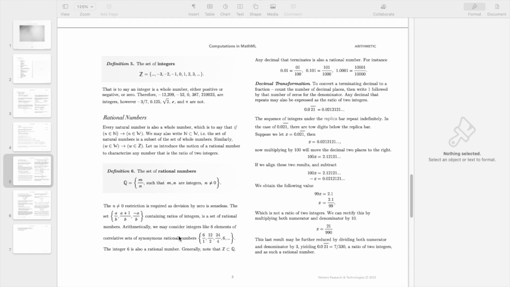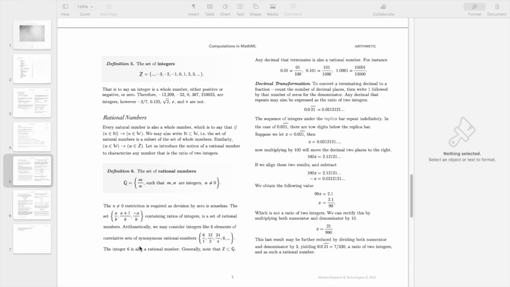Arithmetically, we may consider integers like 6 elements of correlative sets of synonymous rational numbers. So this is a bit of fanciful language here that I've selected, but the idea should be rather perspicuous. Okay, should be rather clear.